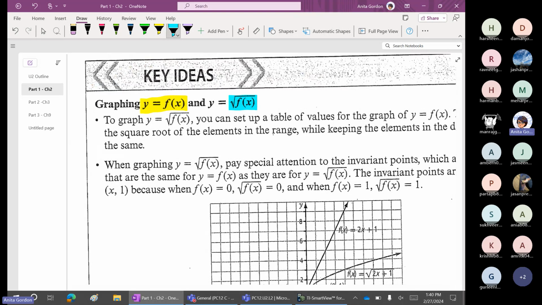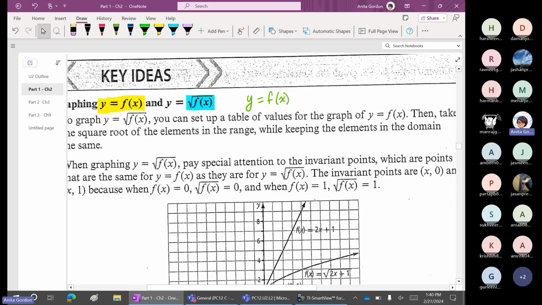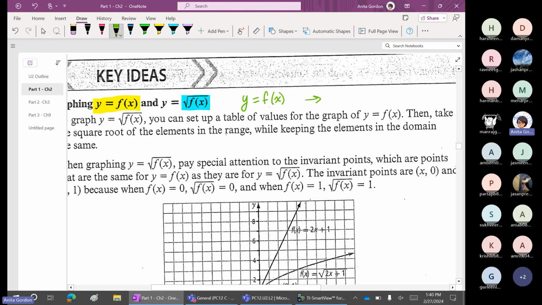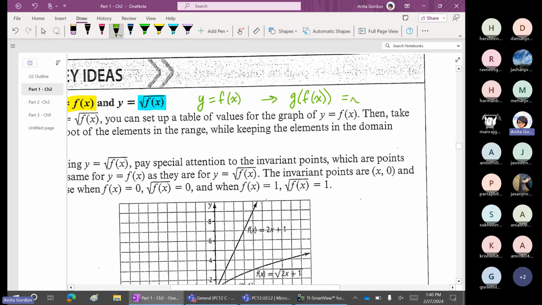Think of this as if y equals f of x, then I am creating a new function, g of f of x, where g is just the square root sign, and whatever the f of x is, it's going under the square root. So we're thinking about a composition function where the outside function is just the square root symbol, and the inside function is whatever I give you.